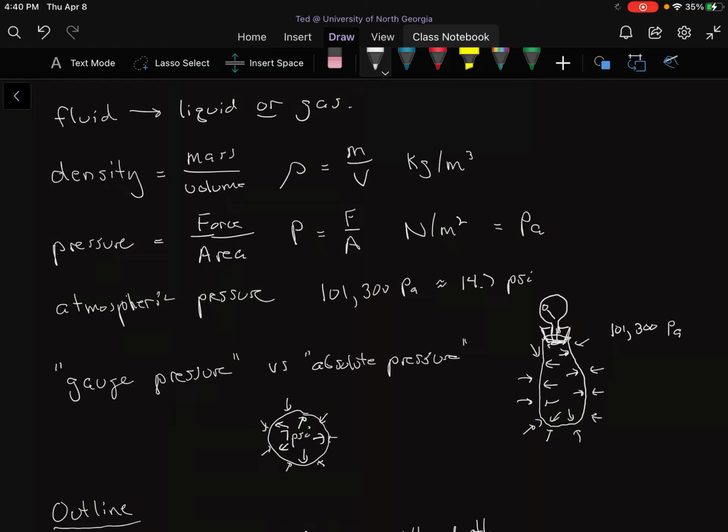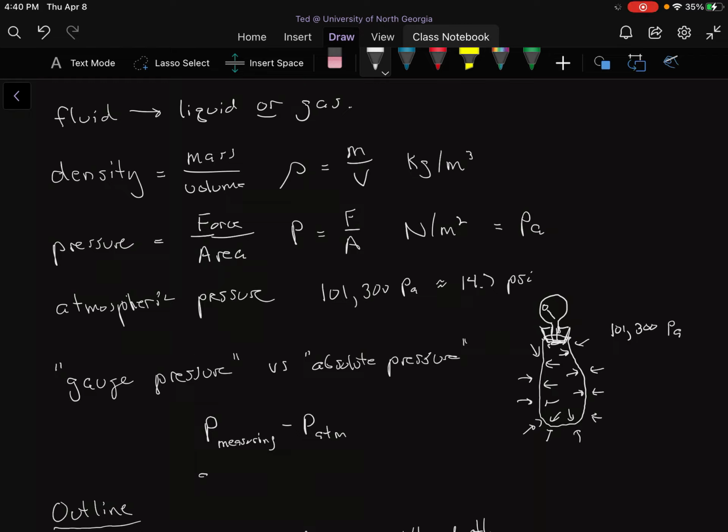And so, ultimately, gauge pressure means the difference between the pressure inside and the pressure outside. So usually what we mean by this is the pressure we're measuring minus the pressure of normal atmospheric pressure.